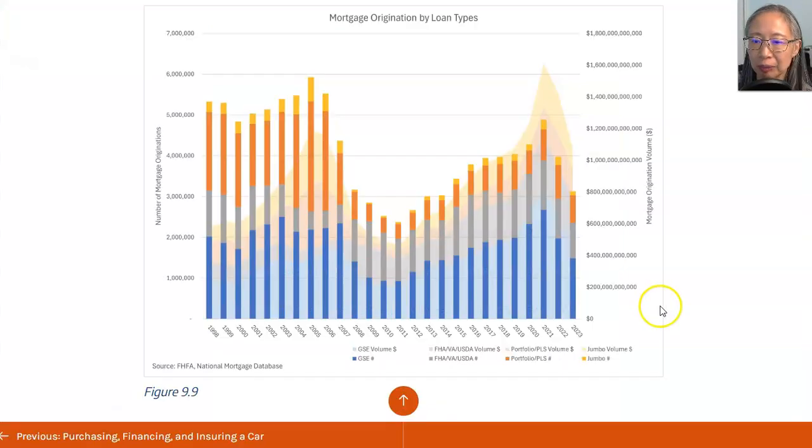the lenders. Here's the origination by loan type, meaning how much mortgage was given out by different types of loan. As you can see, GSE stands for the conventional conforming mortgages. They represent the majority. And the next is government sponsored, so this includes VA, FHA, and USDA loans. That's the second amount.